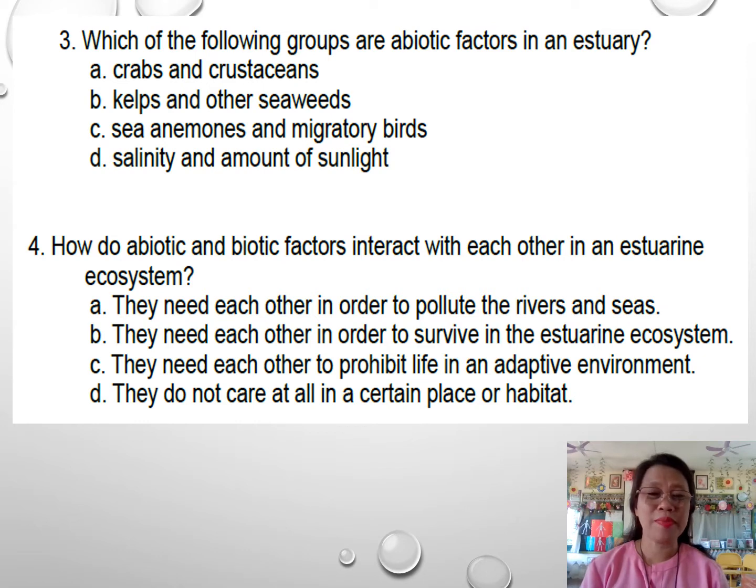Number 4. How do abiotic and biotic factors interact with each other in an estuarine ecosystem? How do abiotic and biotic factors, the living and the non-living things, interact with each other in an ecosystem? Try to read the choices properly.